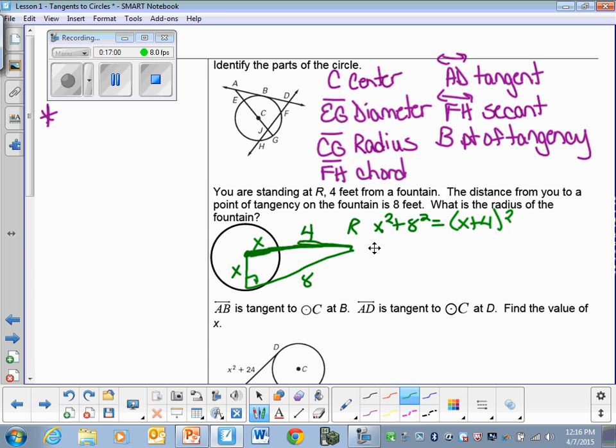I must pay more attention. So x squared plus 64 equals x squared plus 8x plus 16. Subtract that out. 8x equals 48. x equals 6. So the radius is 6 feet. Didn't remember making that problem that complicated.